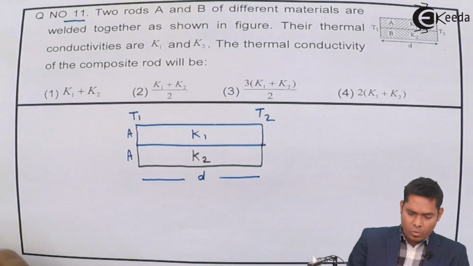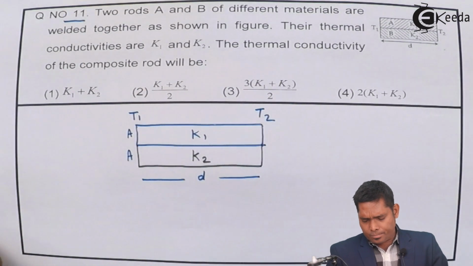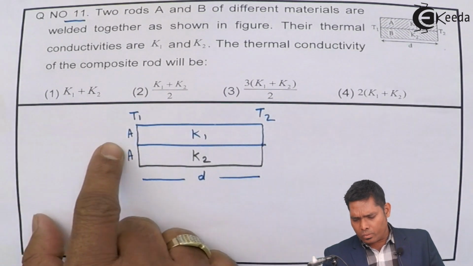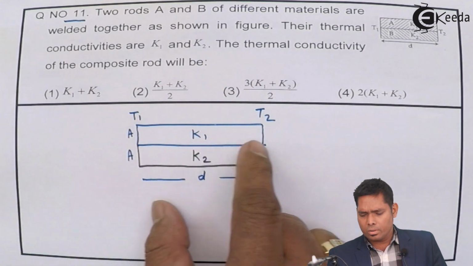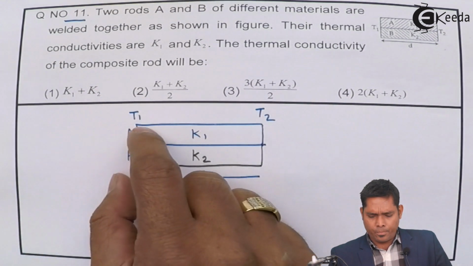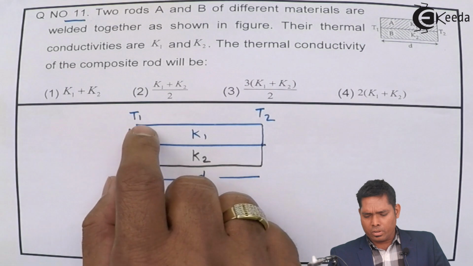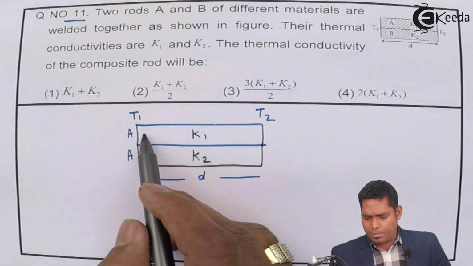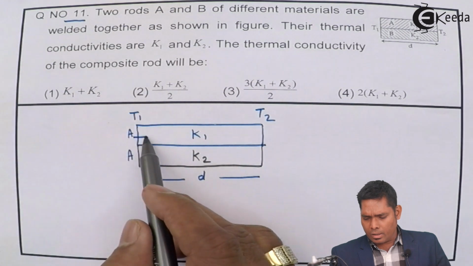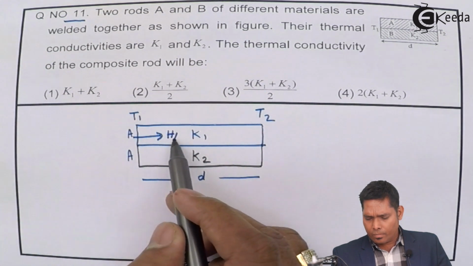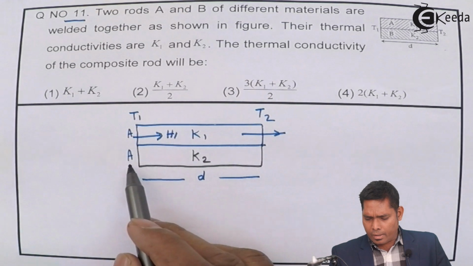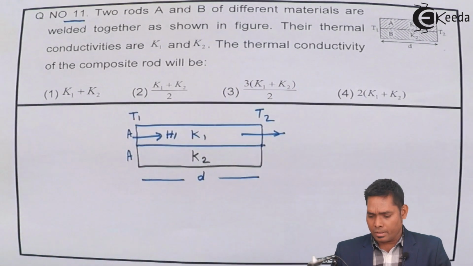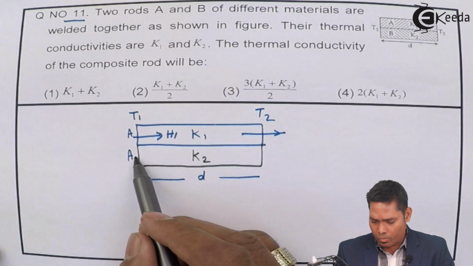So we know that when heat current flows, the total current will be the sum of the heat currents. Suppose the current passing through here is H1 and the current passing through the other rod is H2.